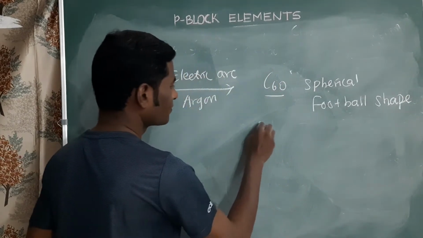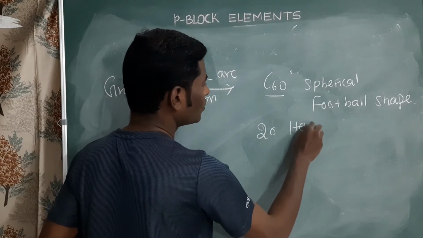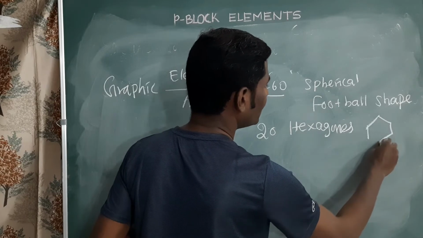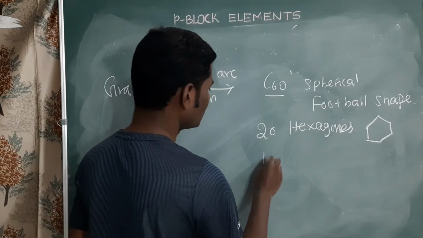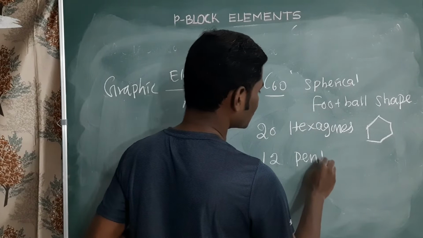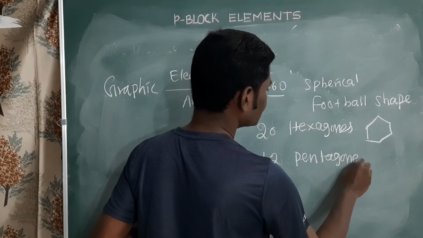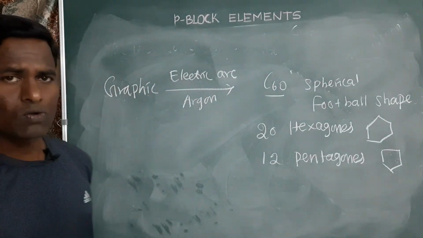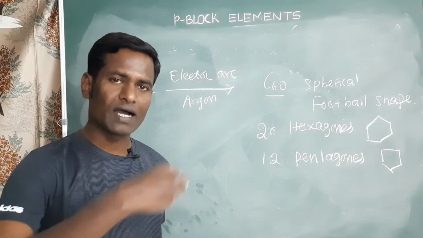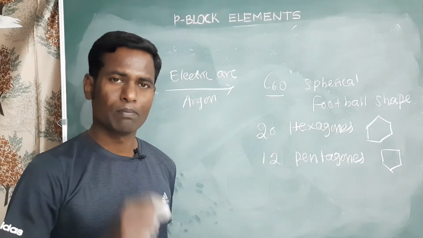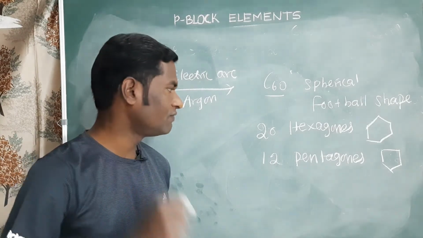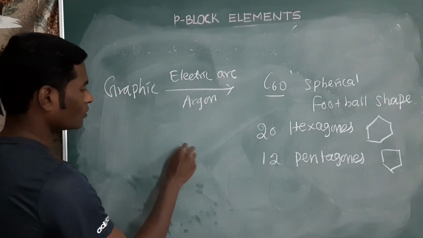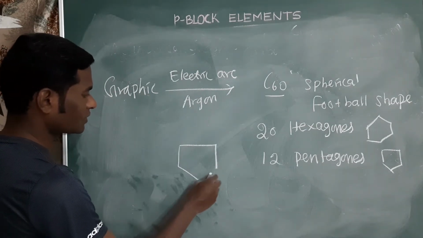It contains 20 hexagons and 12 pentagons. A hexagon can be fused together with another hexagon or pentagon, but a pentagon can be fused only with a hexagon. It cannot be joined with another pentagon. This is the structure of fullerene.